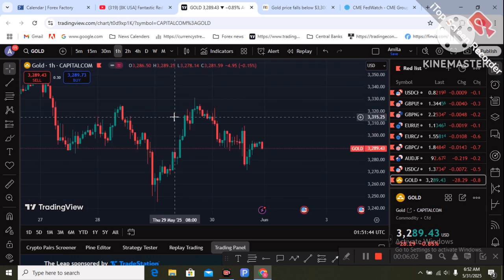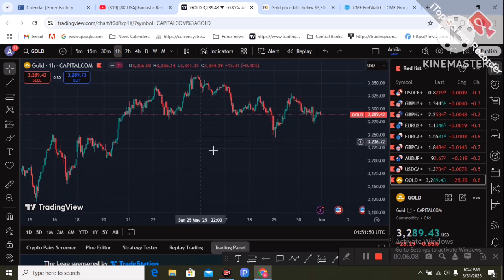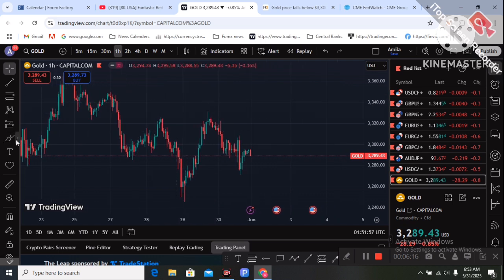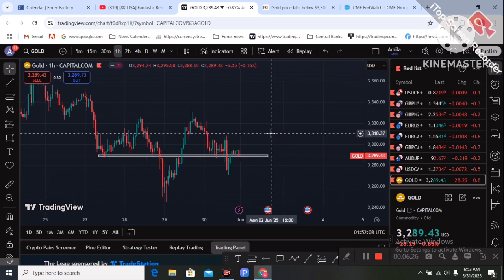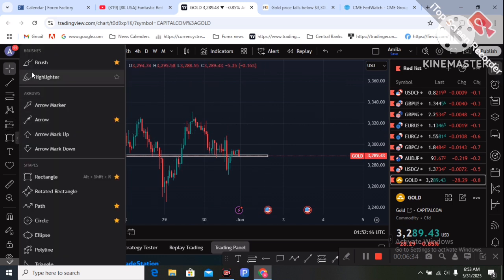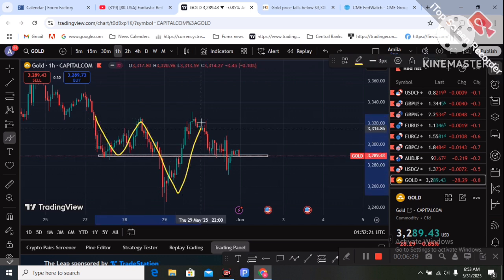I'm going to the 1-hour chart. This is the 1-hour chart. Let's see the important levels on the 1-hour chart. This level, the 3285.80 zone, is so important on the 1-hour chart. Price can push to the upside or drop to the downside from this level. You should watch the price action and candlesticks at this level.